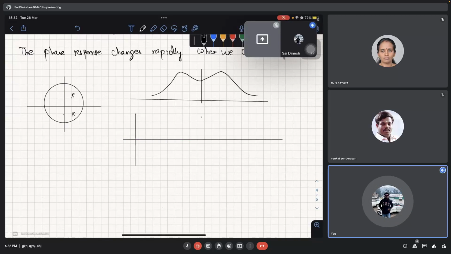Because of this pole, so this is 0, let's say this is minus omega and this is omega.